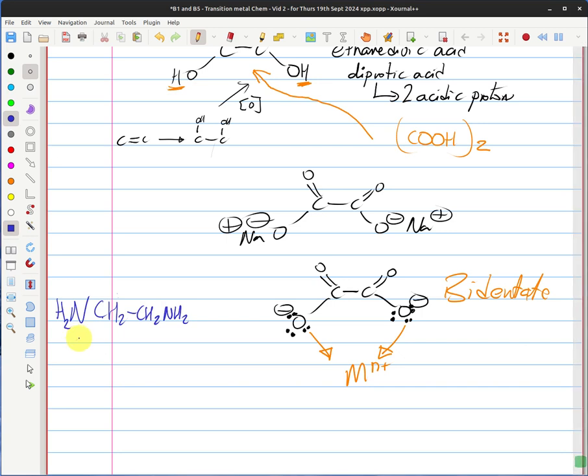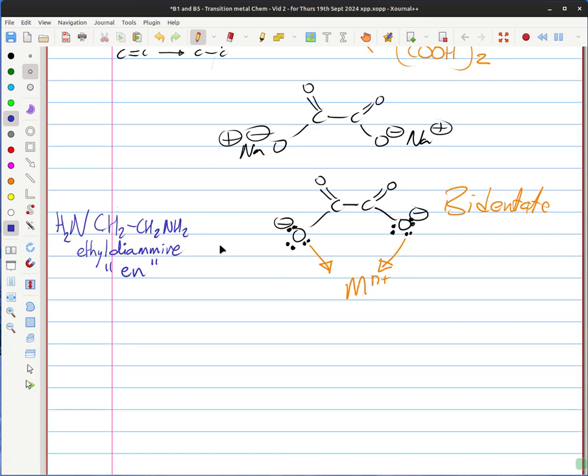Okay, so this is ethylenediamine, or En, as we mentioned before. It's normally said En rather than just N, actually. But we have that bidentate ligand, and you can see that this En is actually just a nitrogen version of this ox.